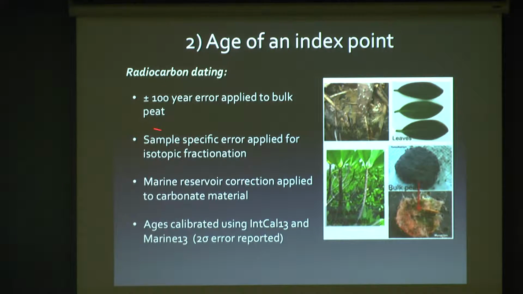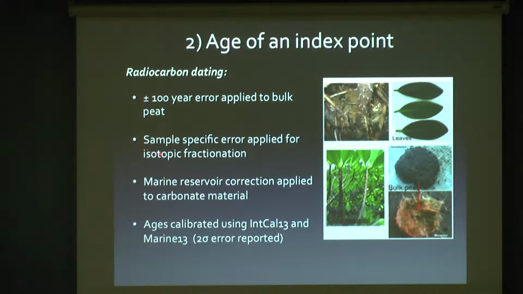So samples such as these may be influenced by younger roots penetrating down to depth, causing younger carbon to be incorporated into the bulk peat, or conversely, bulk peats may be influenced by the hard water effect, so old, radiocarbon-dead carbon from carbonates being incorporated into the sample. So we apply a plus or minus 100-year bulk peat error to these peat samples.